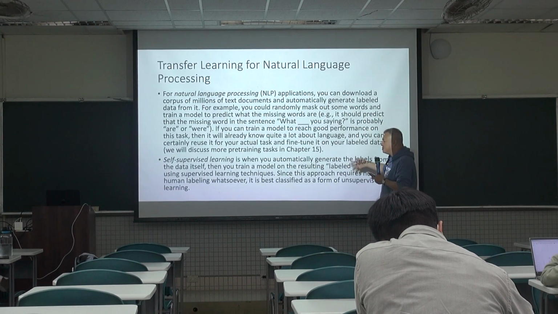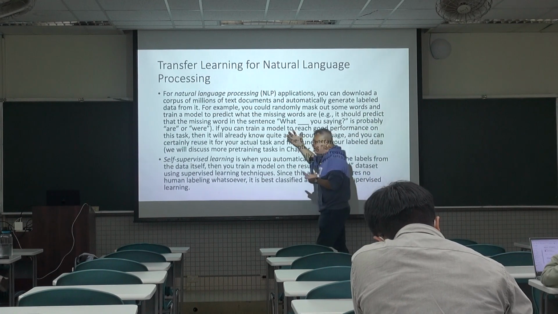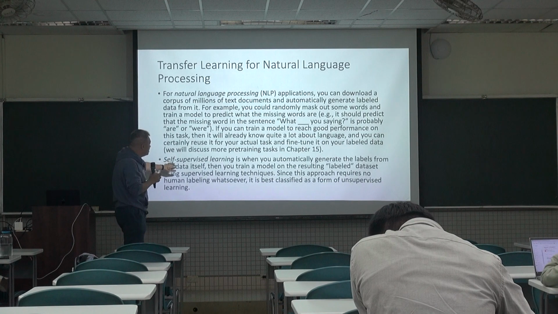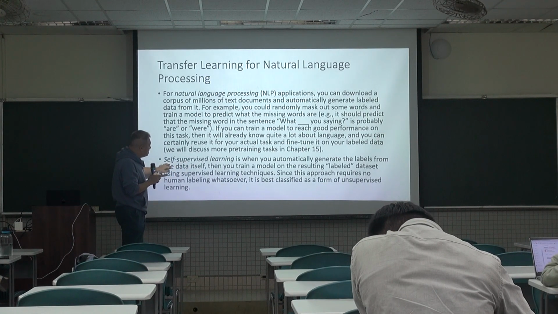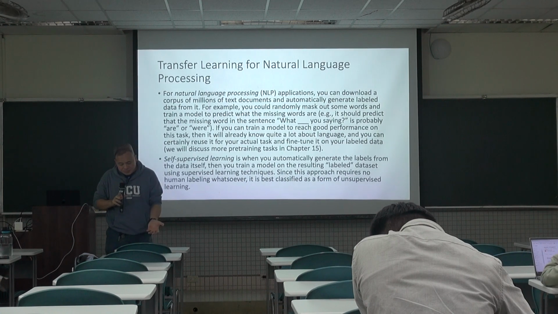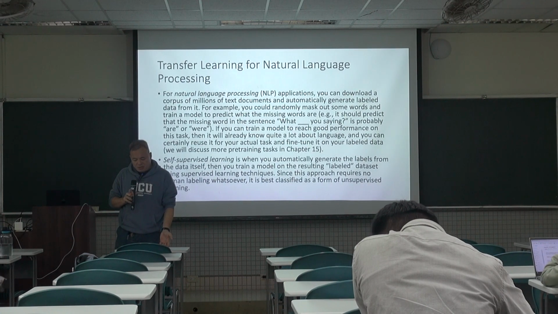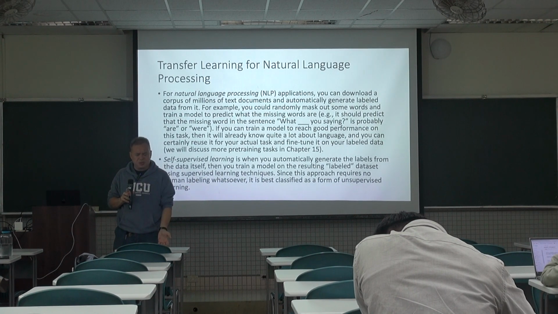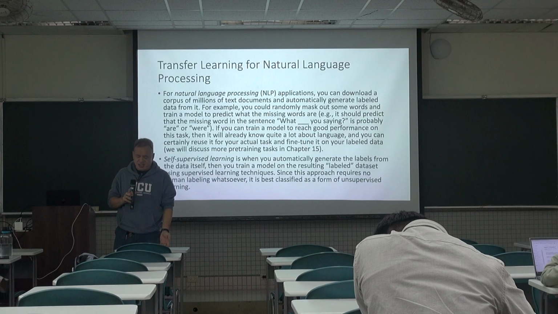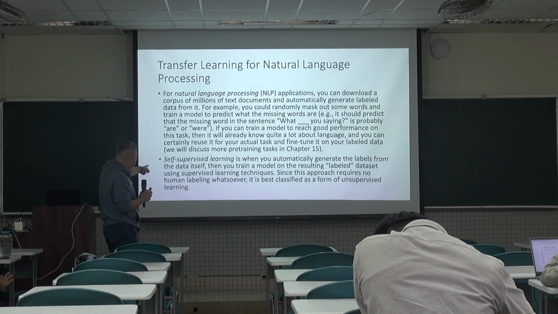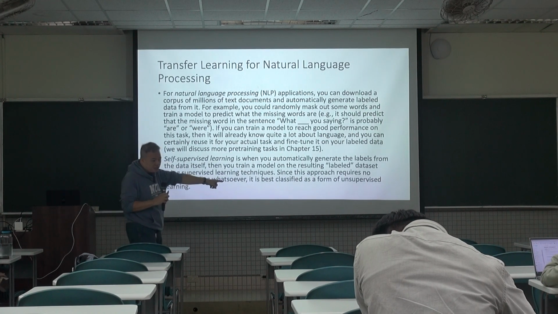We call this type of learning self-supervised learning. Because you don't need to pay much labeling work to label the data, we consider self-supervised learning as one type of unsupervised learning.